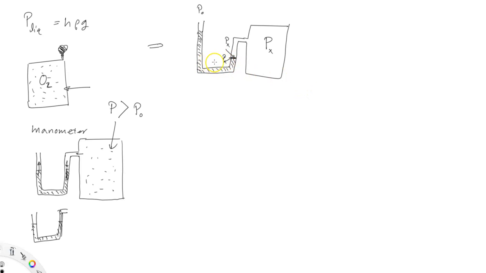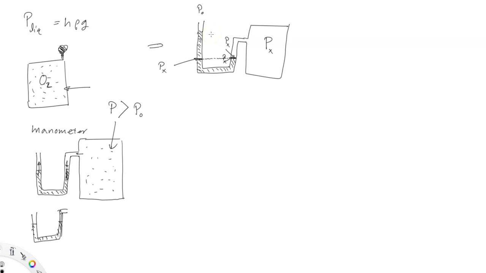We know that in a liquid, equal levels have the same pressure. So if you draw a line connecting to the other side, at this level also the pressure is Px. Now the left hand side is all liquid. So this Px pressure is coming from the height of the liquid plus the atmosphere pushing on it.